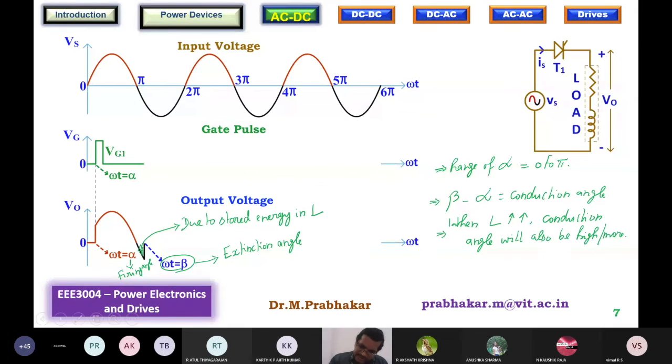Now, if I increase alpha, of course, for the same RL value, what will happen to the conduction angle?